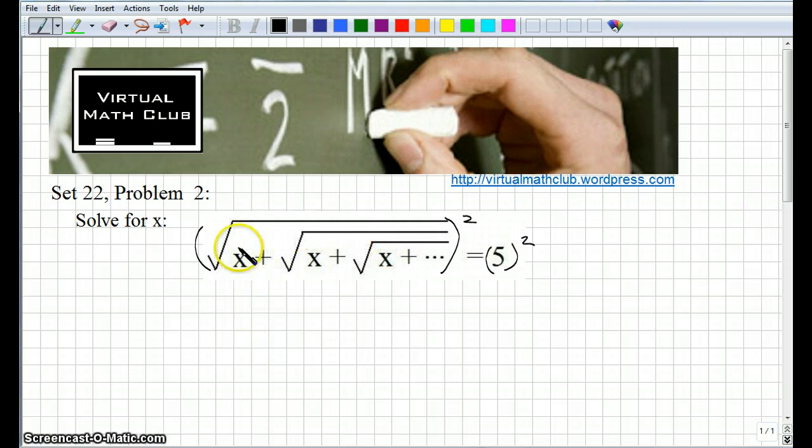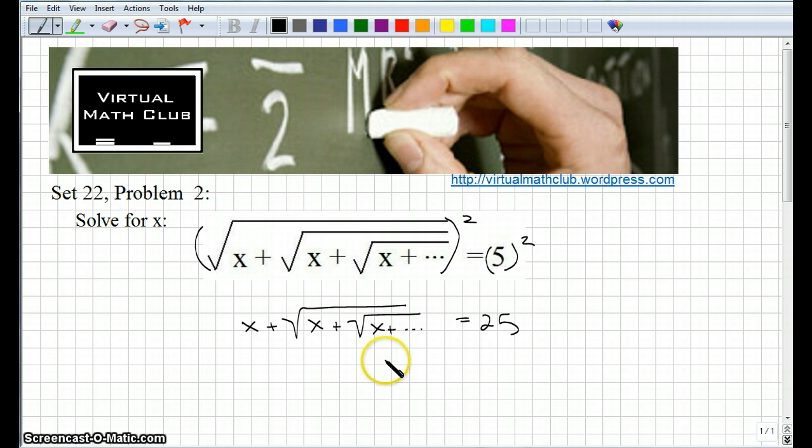And that squaring essentially gets rid of this outside square root symbol. So we end up with x plus the square root of x plus the square root of x plus, and so on, and that's equal to 25.